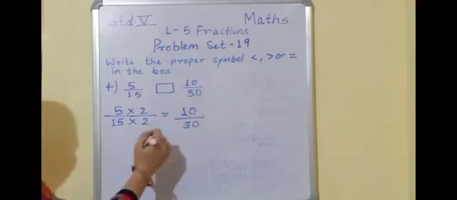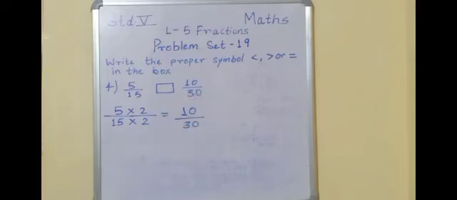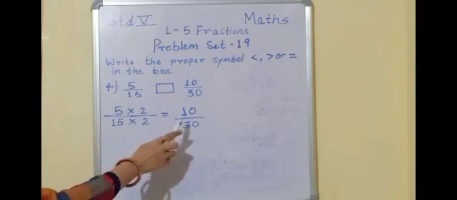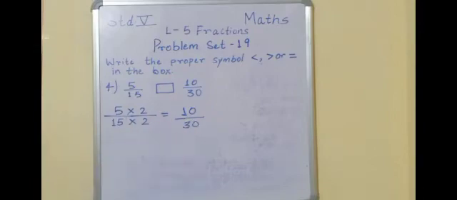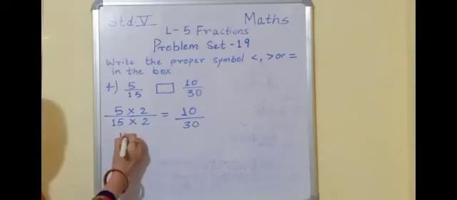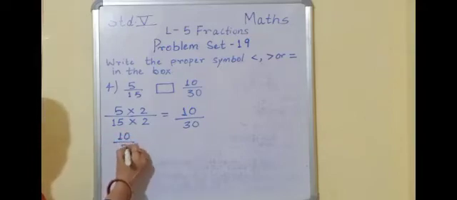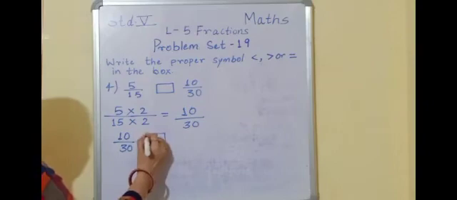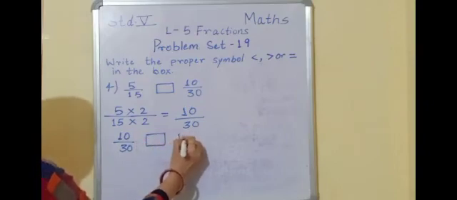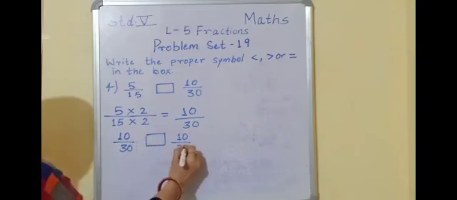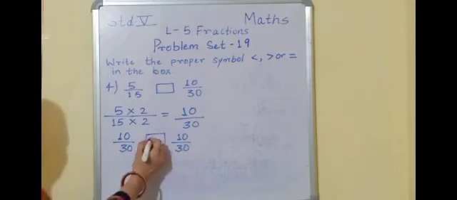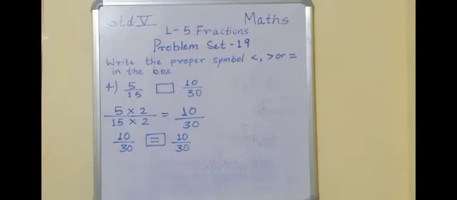Now the two fractions are equal. 5 by 15 is converted into 10 by 30. So comparing the fractions, both the fractions are 10 by 30. So we put equal to sign in the box.